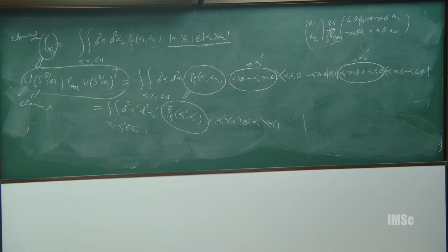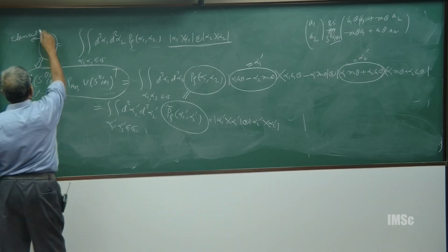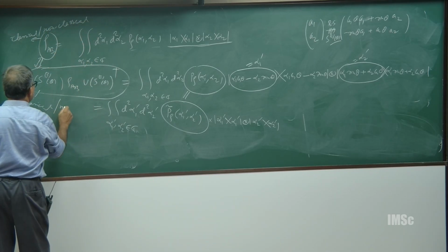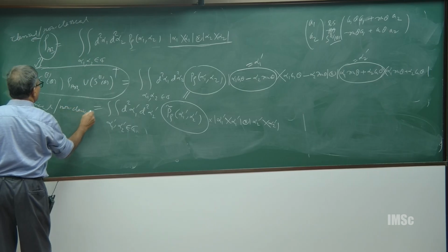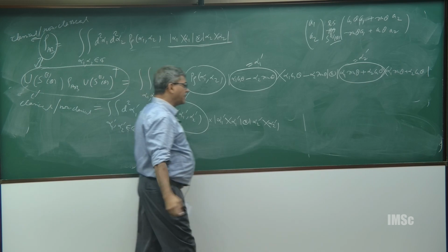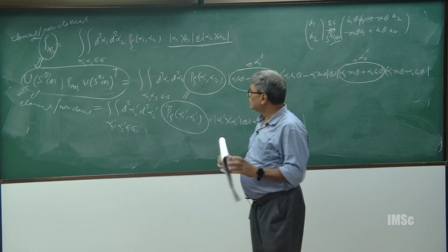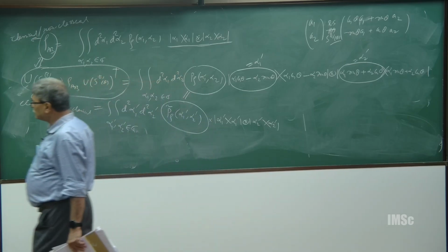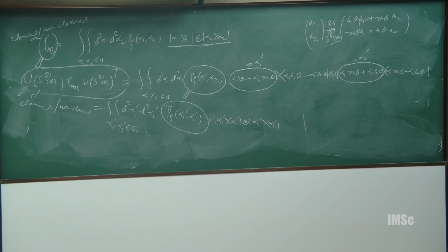So, it does not change the classicality or non-classicality property of the state under this beam splitter transformation. This is what I just said. So, the two mode Gaussian state, if it was originally classical, will remain classical. Is that clear?